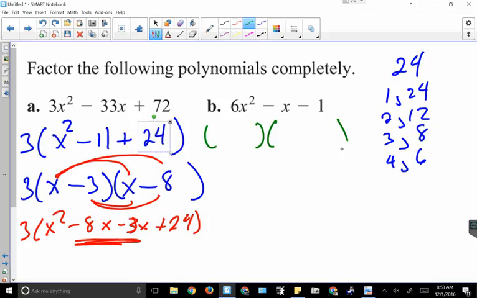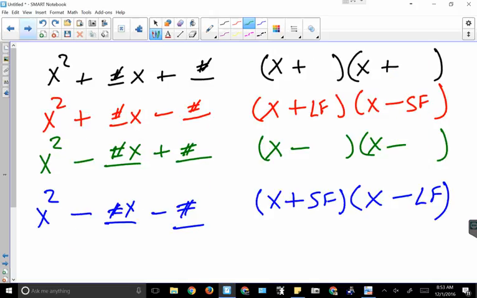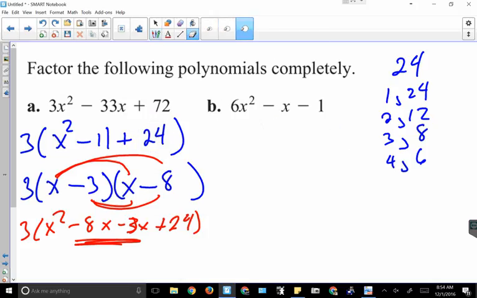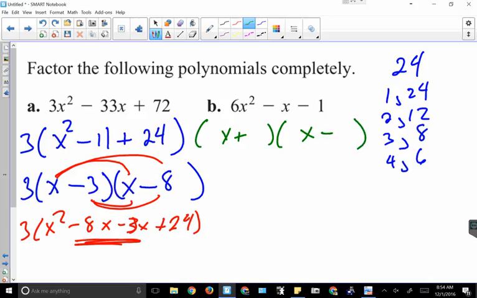Well, if I remember what I had written down over here correctly, minus, minus, plus, the smaller one minus the smaller one. So that means I'm going to have x, just a wee bit more space, x plus 1 and x minus something.